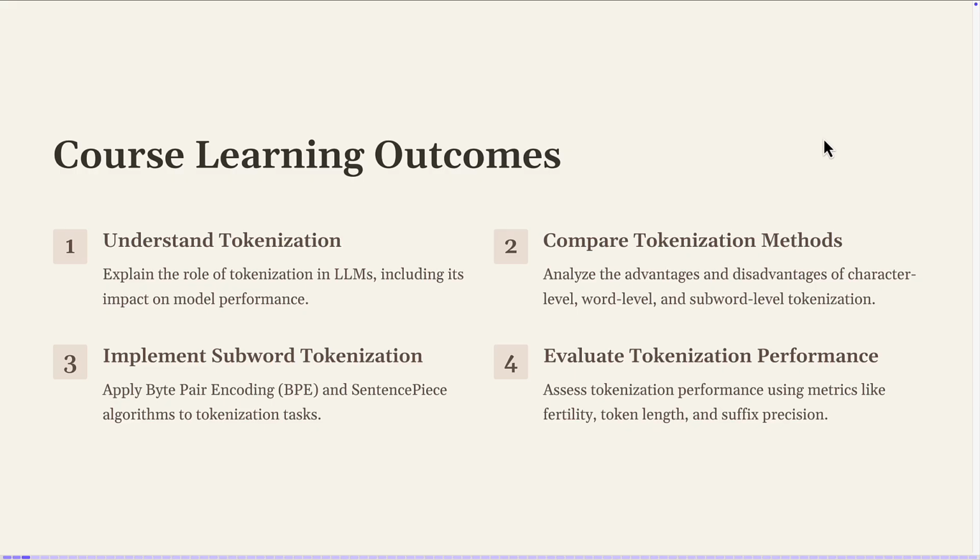I will guide you through the implementation of subword tokenization, in particular the byte pair encoding and SentencePiece algorithms. And finally, I will show you the different evaluation metrics to evaluate the performance of a tokenizer. How can we say that a tokenizer is better than another one? Because when you build a tokenizer, of course, you will build it for a certain vocabulary or text, and then you must assess its performance according to different metrics.